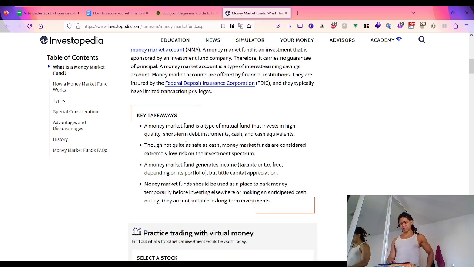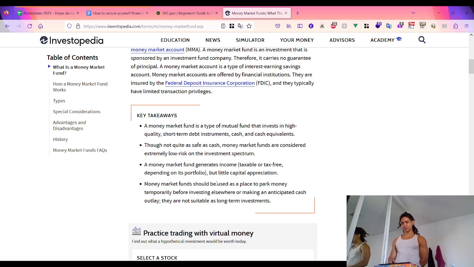So typically, this is a financial instrument that can be used as a place to park money temporarily.